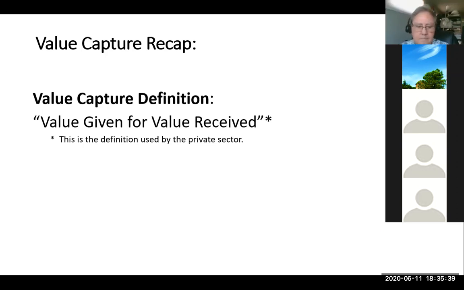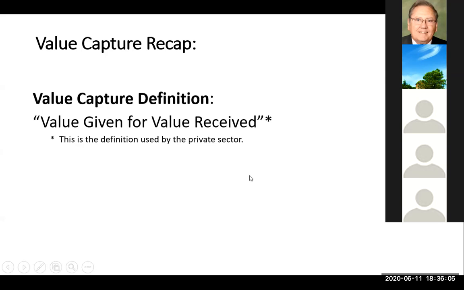If you think of any economic transaction, let's say I make a hamburger and you want it, well, you have to give me something of value for me to give you the hamburger. And if you give me something of value, when I give you the hamburger, I've captured some value, if you will, for producing the hamburger. So that's value capture. Value given for value received.